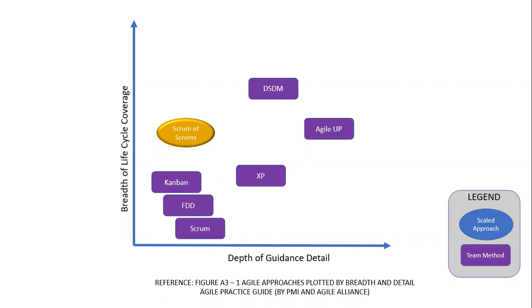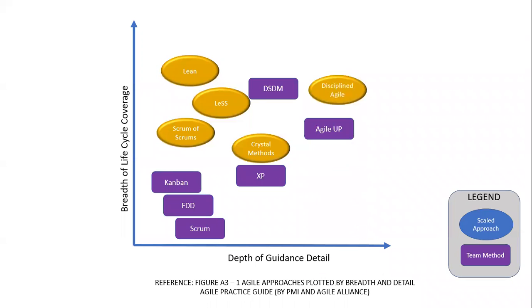The lowest number, you would say, followed by Lean, and then LeSS, Large-Scale Scrum. Crystal Methods has been around. It has a very robust tailoring breakdown for how to scale it. We also have Disciplined Agile from the PMI. There's also the Scaled Agile Framework on this image.